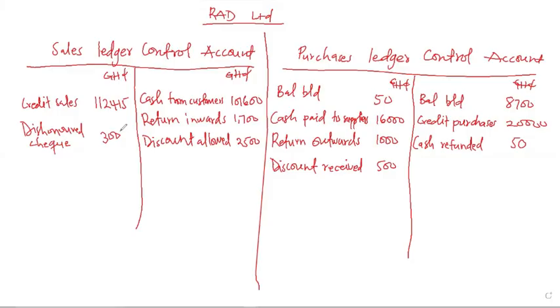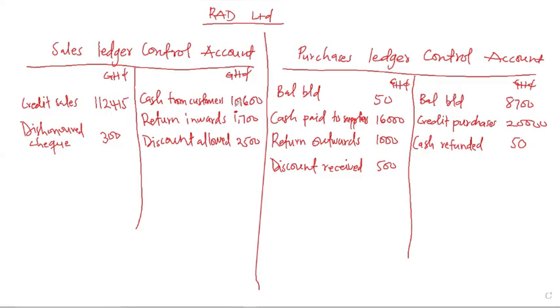Since we are going to refund some cash to our customers, it's going to decrease the debtors or the sales ledger control account balance, so we should credit it. If you look at it in that way, you are going to get it wrong. You should rather look at it where this cash from customers, which is on the credit side, we are refunding.